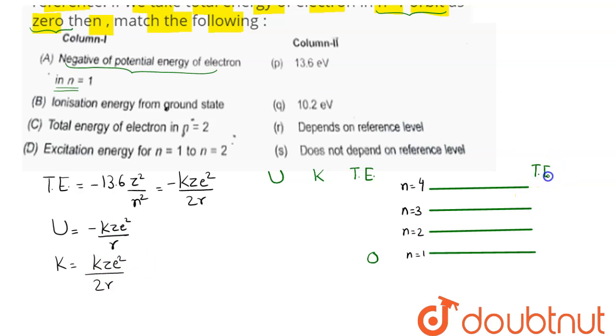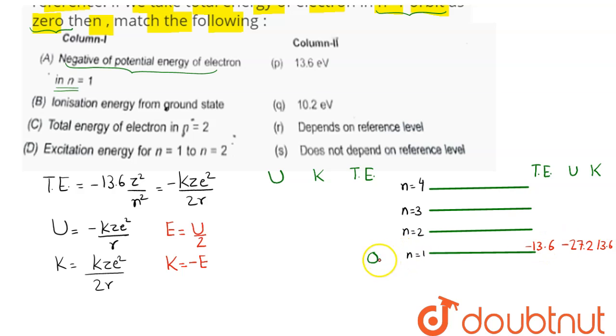Initially, if the reference was not taken, we have the initial total energy at n equal to 1 orbit for hydrogen as minus 13.6, and the total mechanical energy E is equal to U divided by 2, and E is equal to minus K, so K is equal to minus E. So we can see that potential energy will be 2 times E, that is minus 27.2, and kinetic energy is equal to plus 13.6.